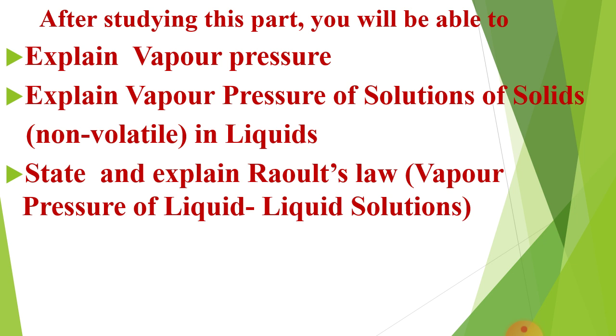Some common examples are water, alcohol, petrol, diesel, etc. And non-volatile means they do not have tendency to form vapor. The common examples are sugar, urea, glucose, etc. Common salt.